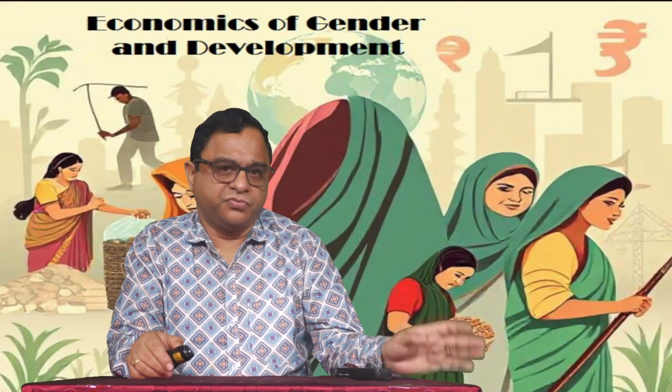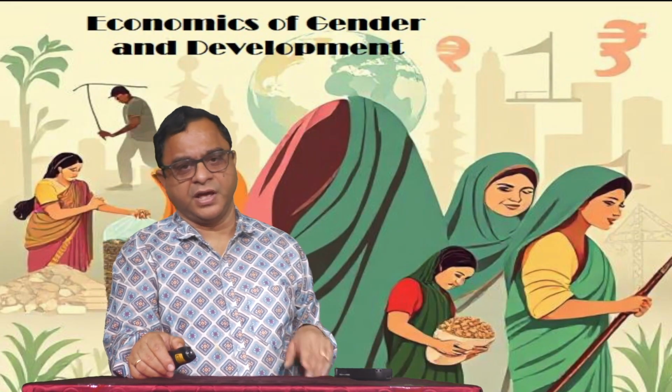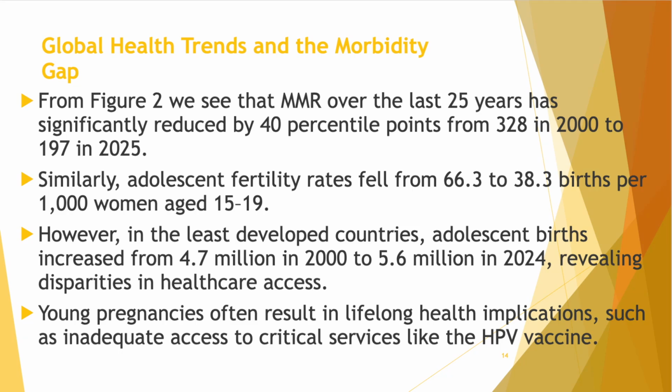Okay, so from figure 2, we see that MMR, maternal mortality ratio, over the last 25 years has significantly reduced by 40 percentile points, from 328 in 2000 to 197 in 2025. Similarly, adolescent fertility rates also fell from 66.3 to 38.3 per 1,000 women aged 15 to 19 years.